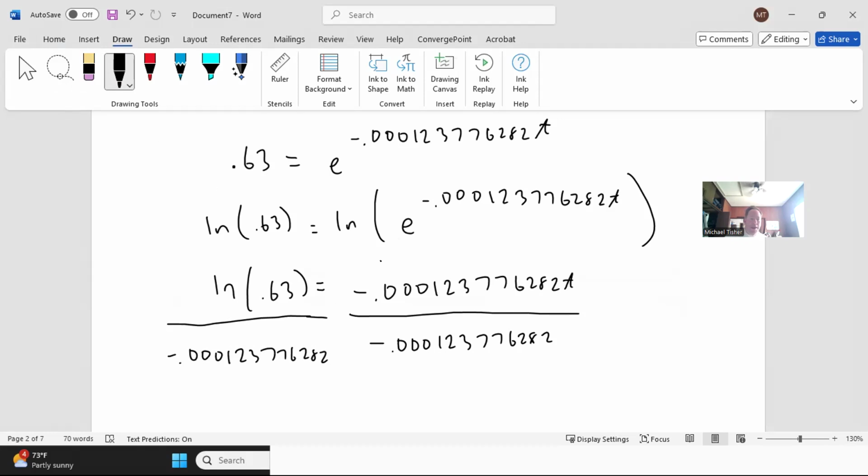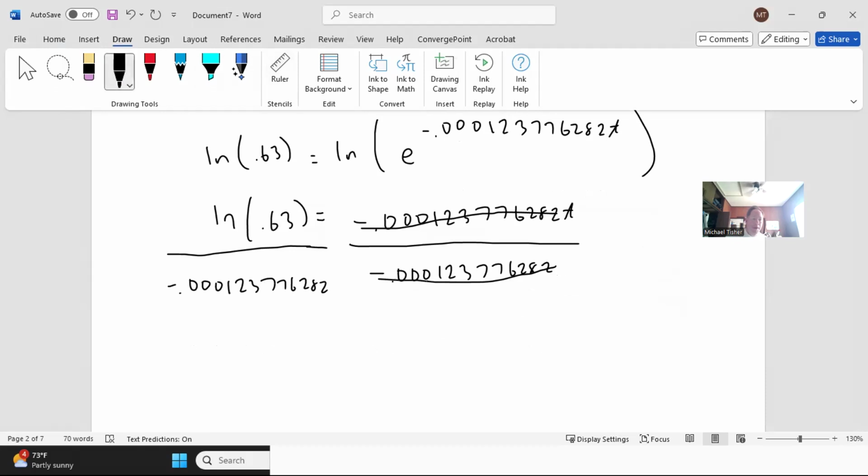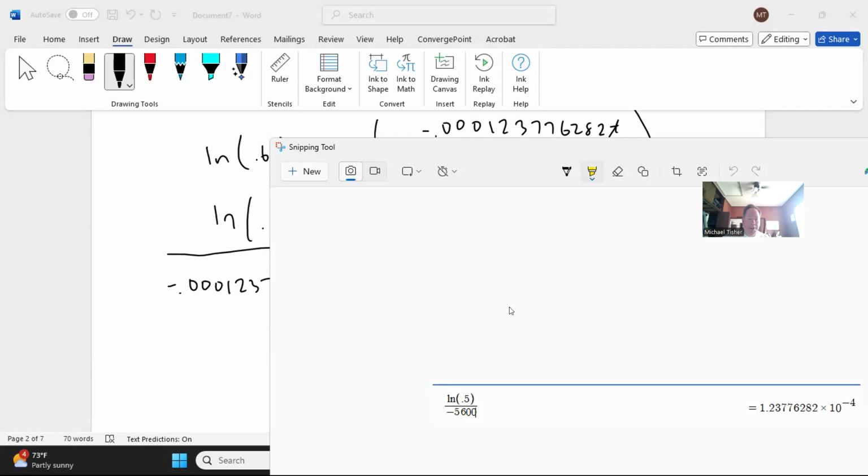Now that number will cancel out on this right-hand side. So now it boils down to simplifying ln of 0.63 over negative 0.00012377682. Let's go ahead and go back to Desmos on that one.